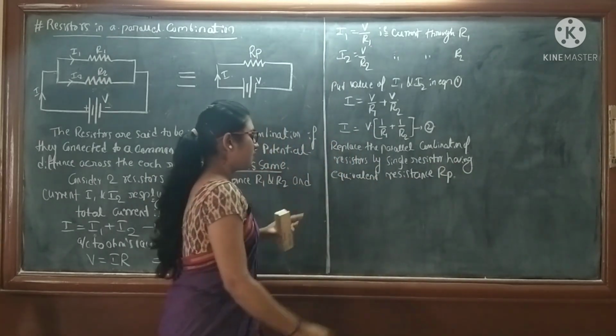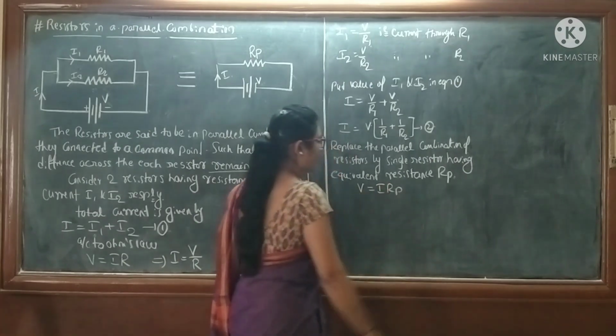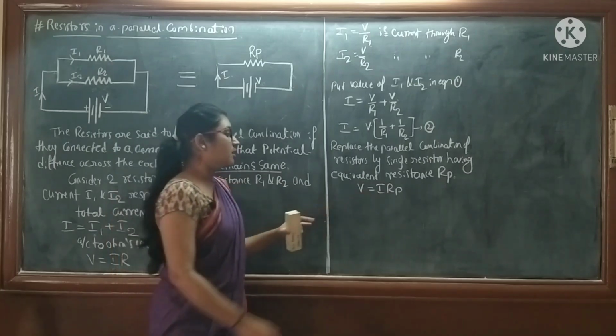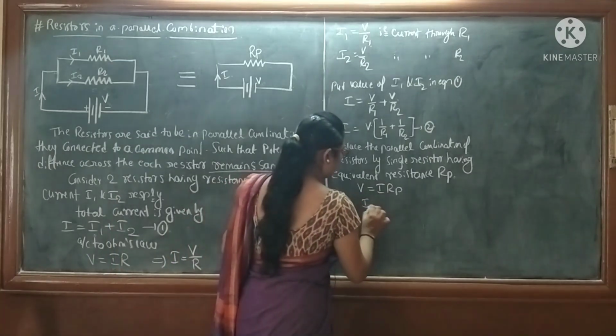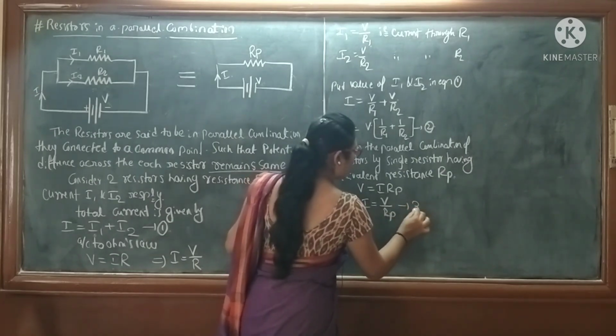Correct? Yes. So what do we get? V is equal to I RP. The equation is correct according to our Ohm's law. Right. So we need I now. So in terms of I, you convert: I is equal to V by RP.